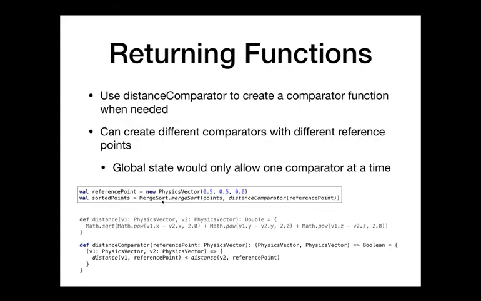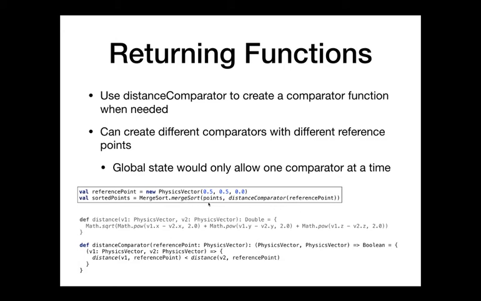And then to use this, finally, when we call our merge sort and we're ready to sort some points based on their distance to a reference point, I'll call the distance comparator method, give it the reference point that I want to sort around. That's going to return this function in the comparator format, and that's my comparator to merge sort.